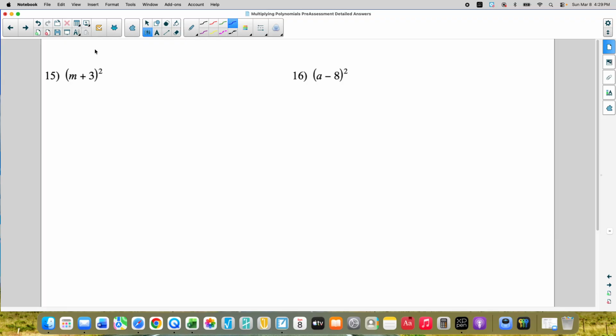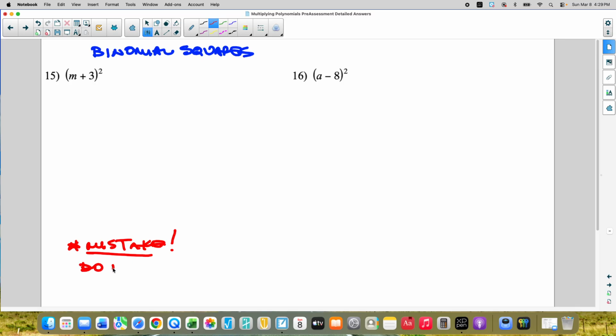These are called binomial squares. And they're called binomial squares because they're binomials and they're being squared. So the mistake is to distribute. Do not do this. Do not distribute the exponent.